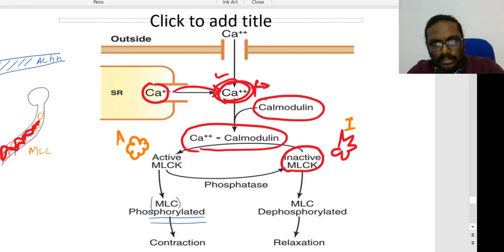What happens is a high energy phosphate gets attached, and this myosin light chain kinase does this job. And where does this high energy phosphate come from? It comes from ATP. So what does the myosin light chain kinase do? Converts ATP to ADP. That's your ADP.